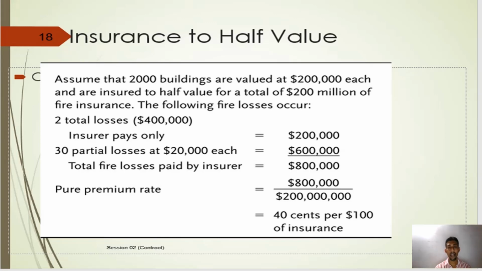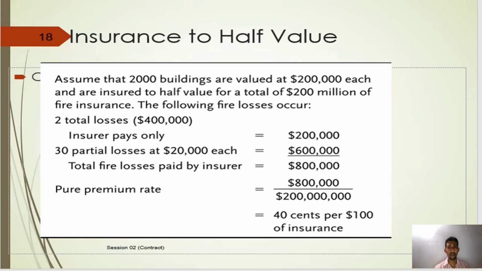So here we again have two total losses, but the insurer is going to pay only half of it. Now the claim is going to be only 200,000. However, for partial losses, we are paying the 20,000 each, and that is going to be 600,000. So overall, the total fire losses is going to be $800,000.